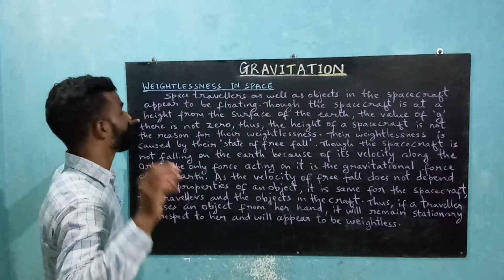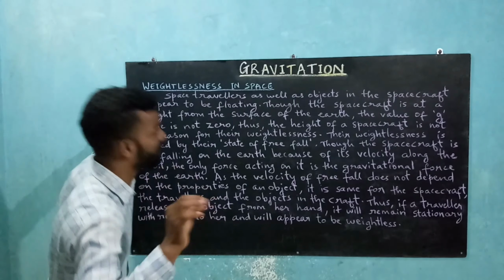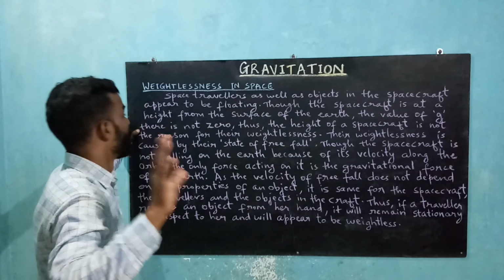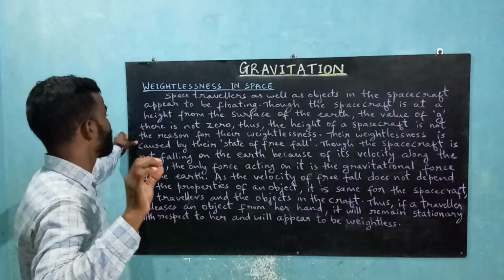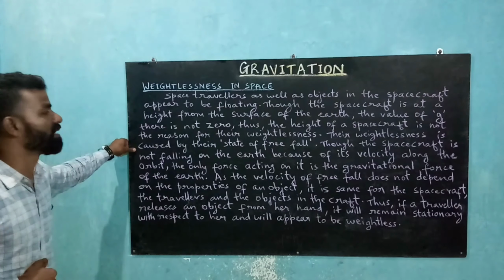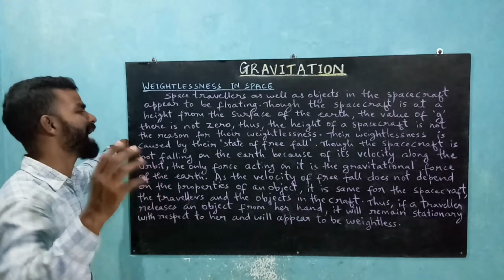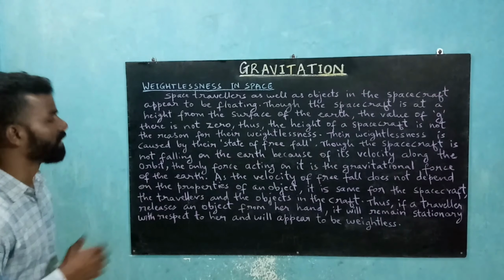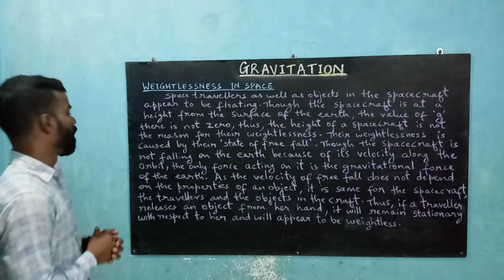Though the spacecraft is at a height from the surface of the earth, the value of g there is not zero. Thus, the height of the spacecraft is not the reason for their weightlessness. Their weightlessness is caused by the state of free fall. Though the spacecraft is not falling onto the earth because of its velocity along the orbit.